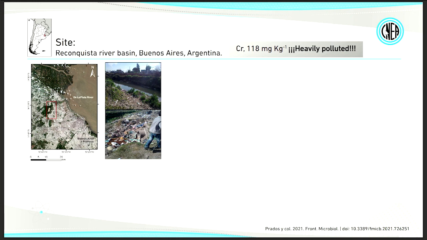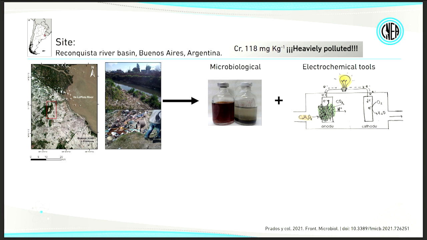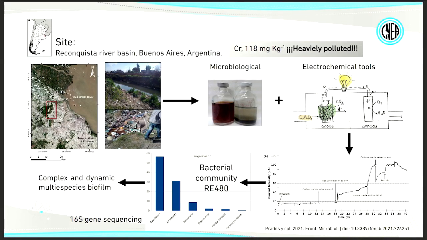It's the Reconquista River, which is heavily polluted with different contaminants, including chromium. And this contamination affects a lot of people because this river goes through a very densely populated area in Buenos Aires. So, through a combination of different microbiological and electrochemical tools, we could recover an electrogenic community from these sediments.